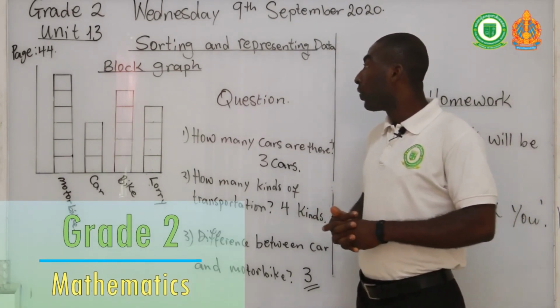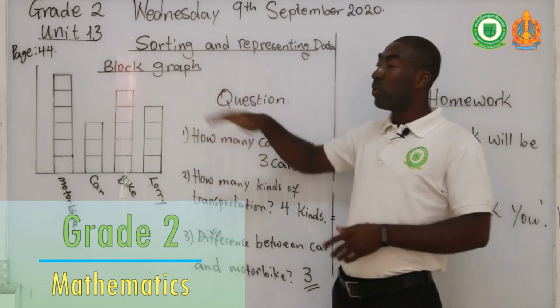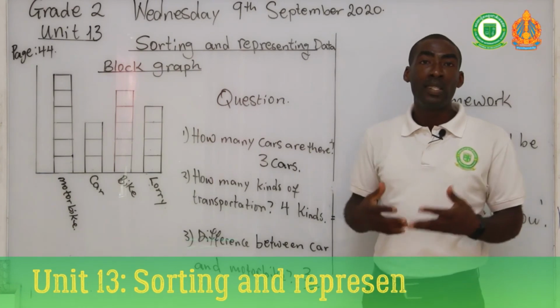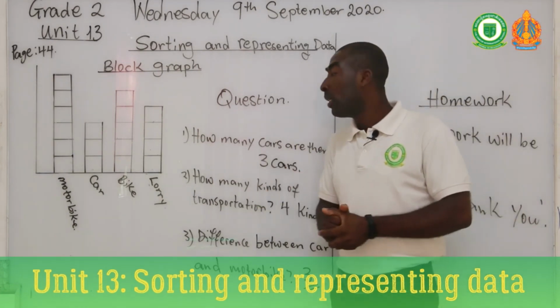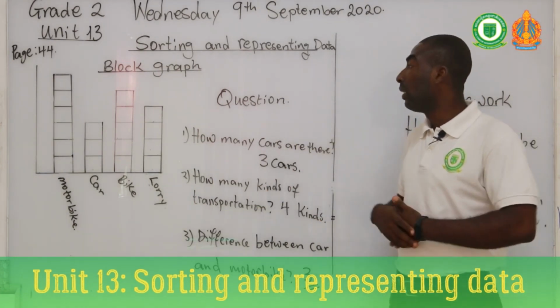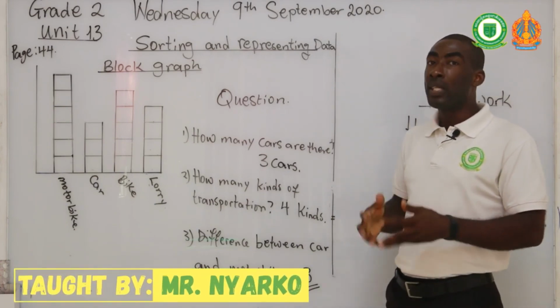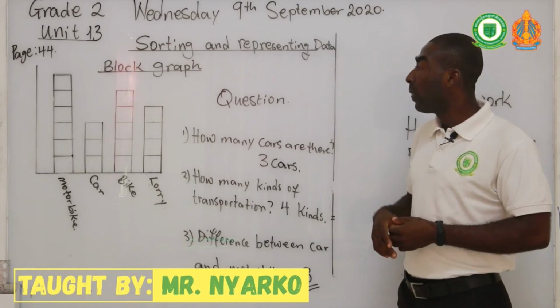Again, we also used a block graph. Using a block graph is a way of representing your data, showing your data to someone so they can understand what you have. So a block graph is a method of representing data.